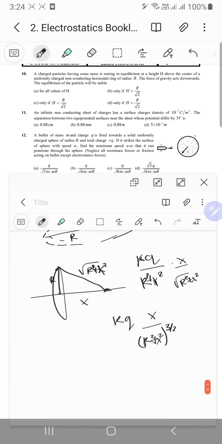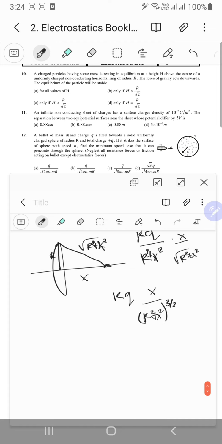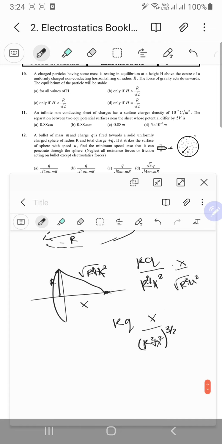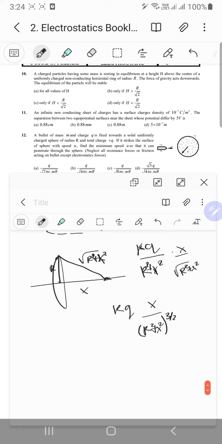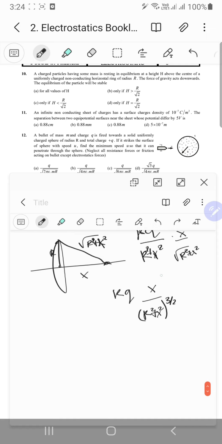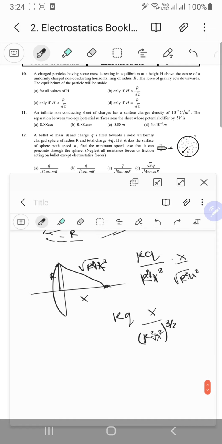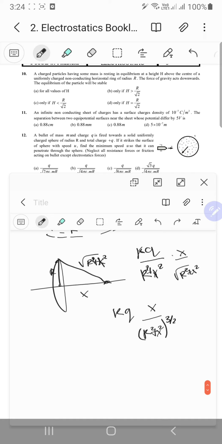Okay, so since we want a stable equilibrium, potential energy must be minimum. That's one thing. What else must be the case? Well, its field must be 0. If its field has to be 0, then x must be 0. Well, that's not correct. Oh, sorry, actually just put that charge over there as well. Charged particle having some mass.